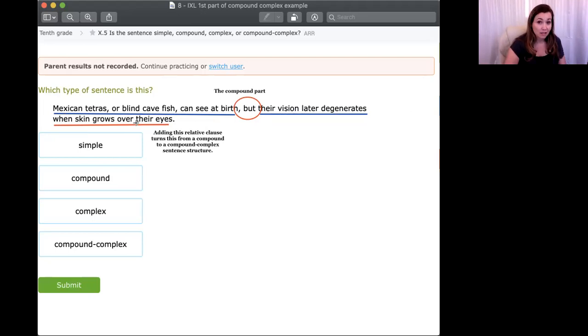Well, that's a dependent clause and it's relative. So we have a compound sentence first, and then we have a dependent clause being added, which turns it into a compound complex sentence, because we have more than one thing happening here. We have compound plus we have complex.